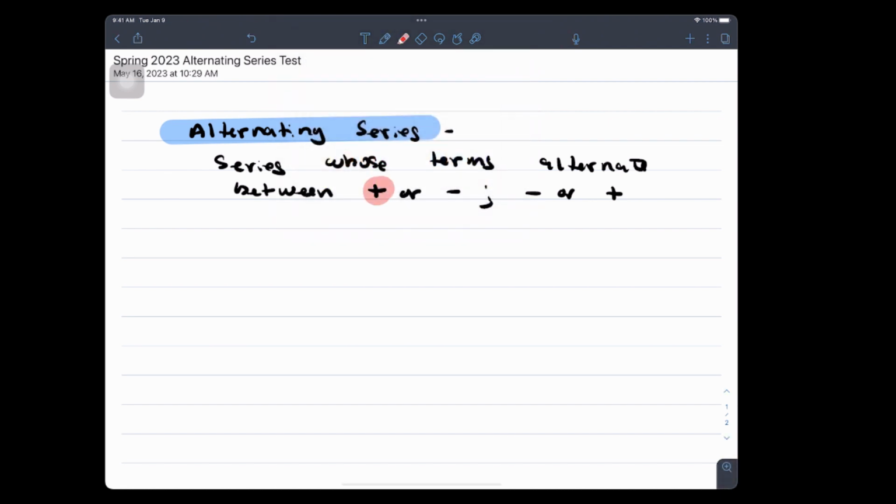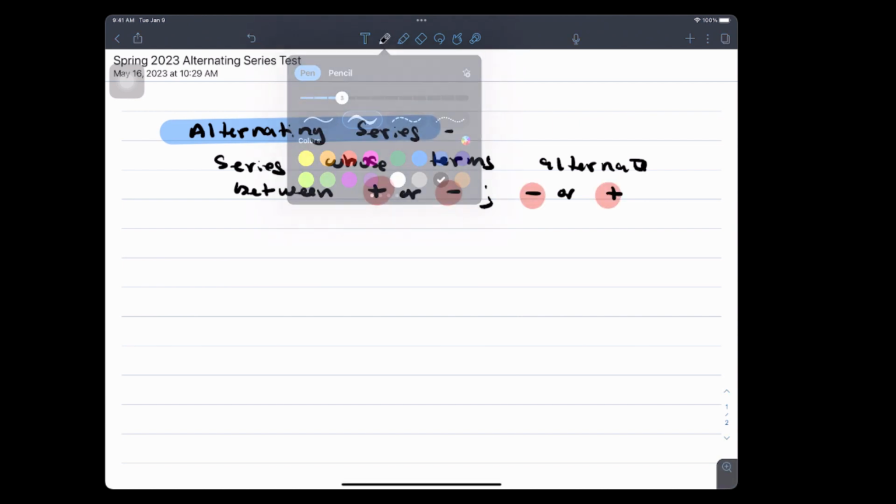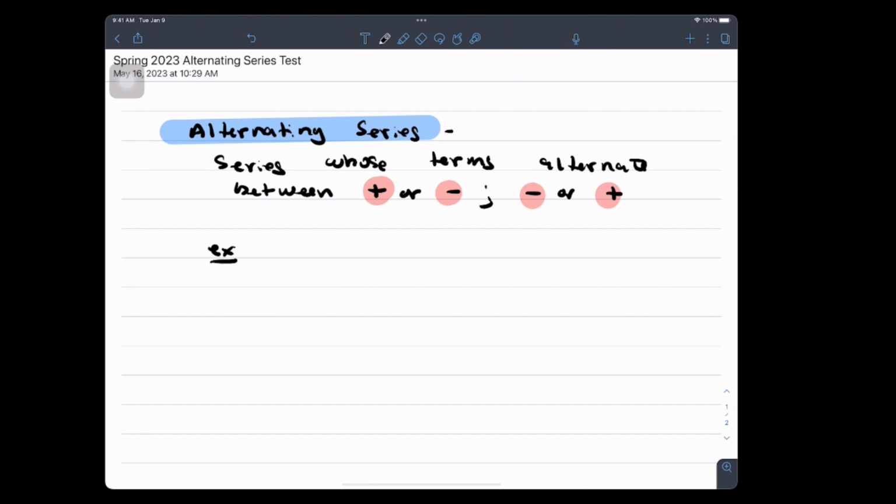Okay, so you say, really? Do I have terms that alternate between plus or minus, minus or plus? Yes, we do. So for example, you have series that look like this. When I plug in n is 1, say, what are the terms here?